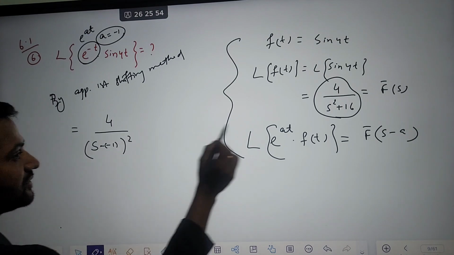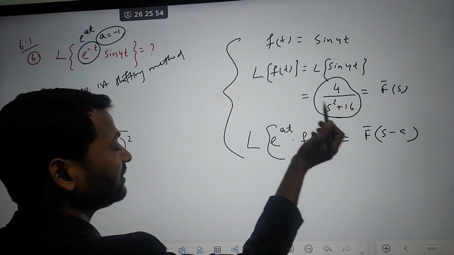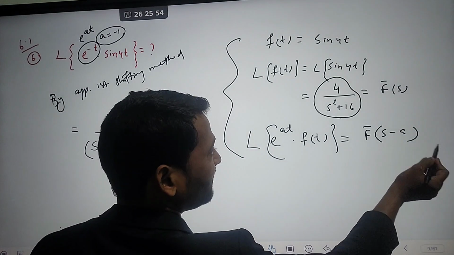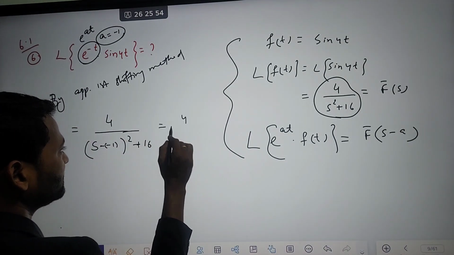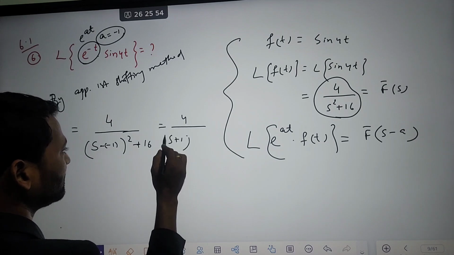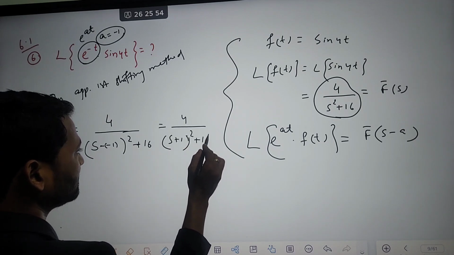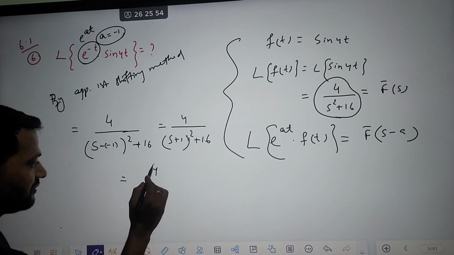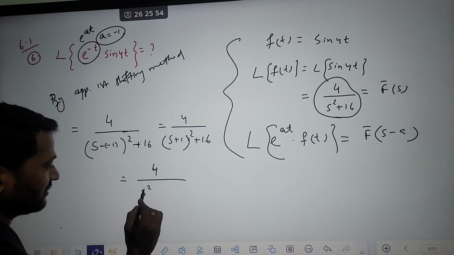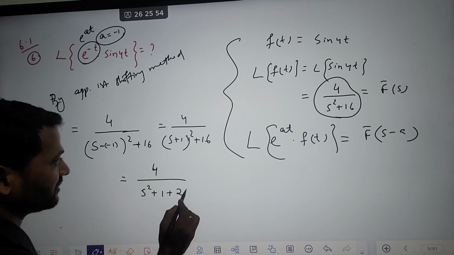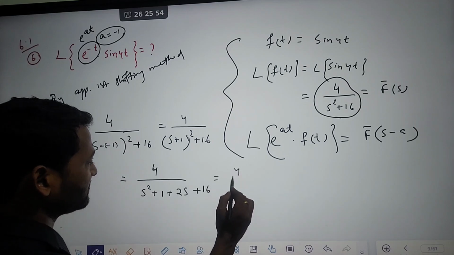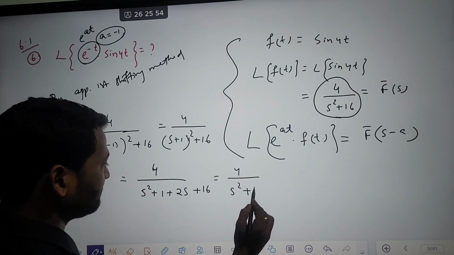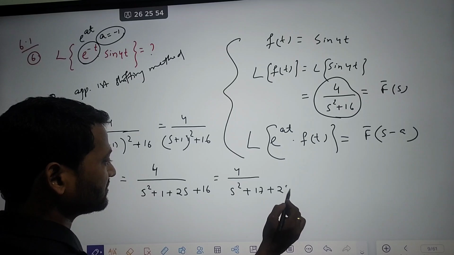Then square, देखो s minus of minus 1, क्योंकि we'll have to take s minus a plus 16. So your answer is 4 by (s plus 1) whole square plus 16. Then 4 by s square plus 1 plus 2s plus 16. So answer is 4 by s square plus 17 plus 2s.